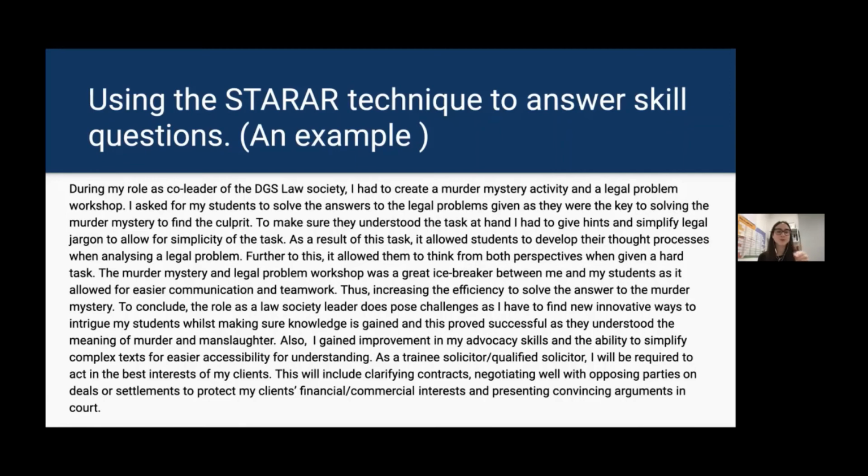There's also, I know you were saying it's easy to do, but sometimes it can be really hard to find a good example of a situation you've been in, because we think all the time, oh yes, I'm an organized person, or I'm a good team leader. But actually, when you're trying to find an example, you're sitting there racking your brain, when have I been a good leader? So sometimes that can even be the first hurdle, trying to find a situation where you've demonstrated that skill.